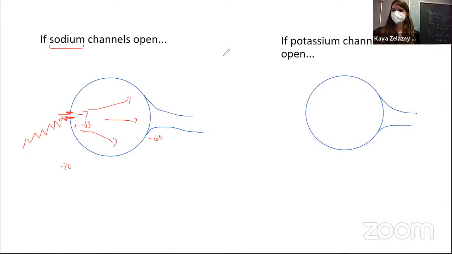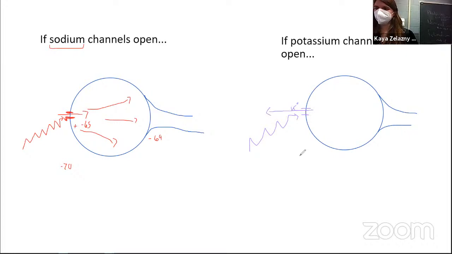So on the potassium side, the same kind of thing could happen. Let's say we have a stimulus come in and it opens a potassium channel. Which direction is the potassium going? We just talked about this in our first multiple choice question.